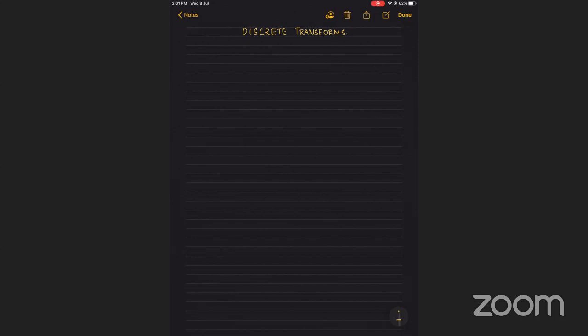So let's start. We're going to look at discrete transforms, and I'm going to focus on two of these transforms. Number one, the Z transform, which we normally do for discrete sequences. And I'm going to talk about the discrete Fourier transform.